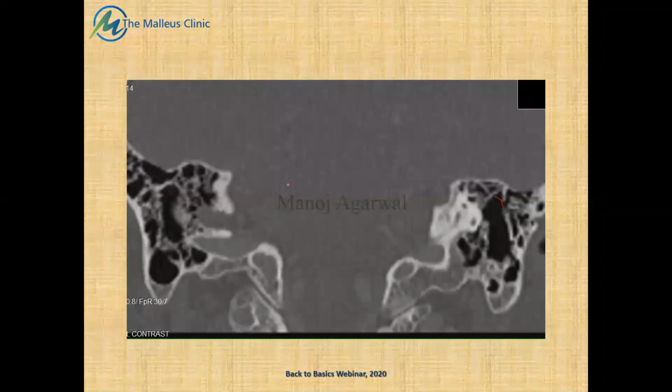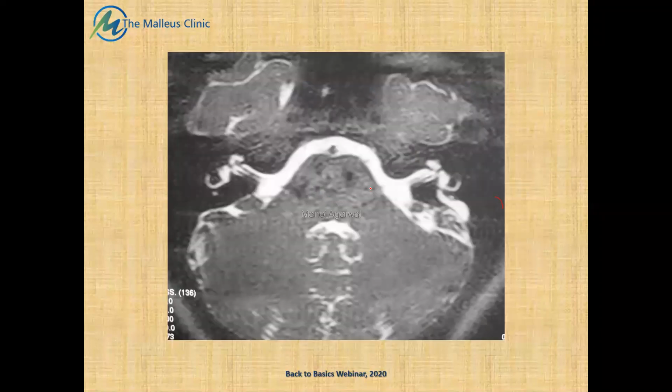This is a case of an endolymphatic sac tumor, and as I had mentioned, there are only about 150 to 160 cases reported in the English language literature. And so I have just put in these slides to give you an idea to differentiate between an endolymphatic sac tumor and an enlarged endolymphatic sac, which has a much smoother appearance.